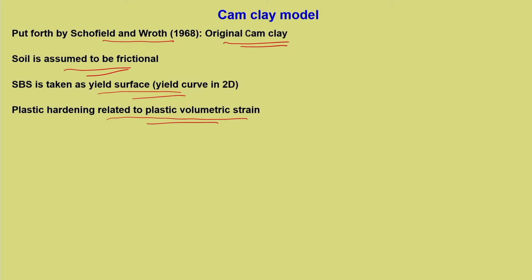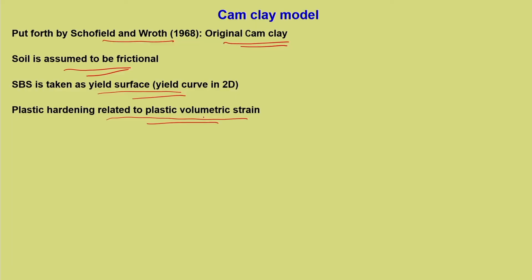Now I would be a bit cautious in using these terminologies in this particular course, because we are not discussing anything in depth about the plasticity behavior of soil. So here plastic hardening, the expansion of the yield curve, is basically related to the plastic volumetric strain.